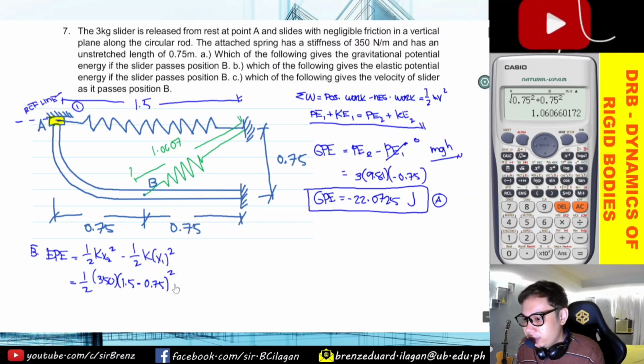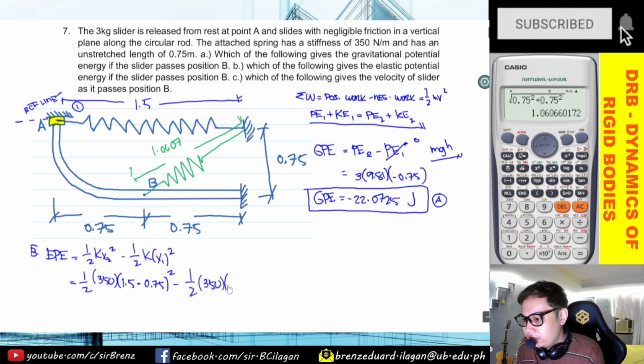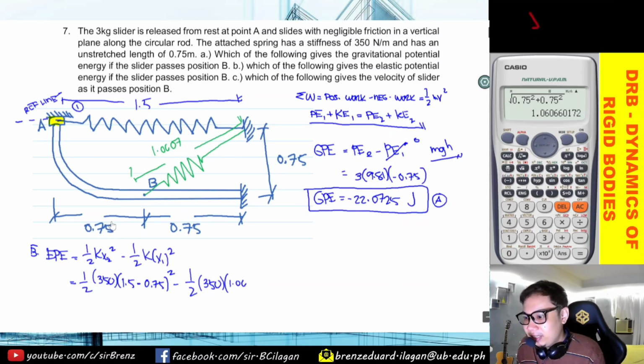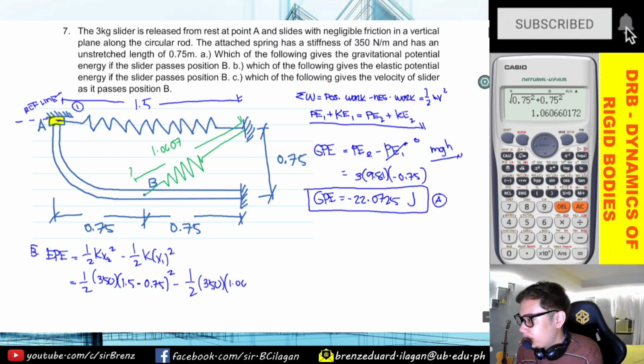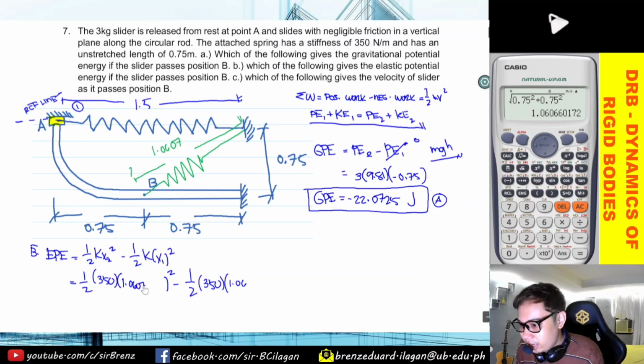squared. And then, minus 1/2 of k na 350 ulit times the stretch length na 1.06. Baligtad. Final position minus initial position nga pala. Ito dapat yung 1.0607 minus 0.75.